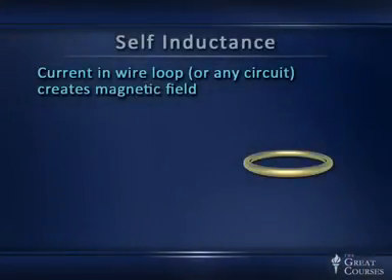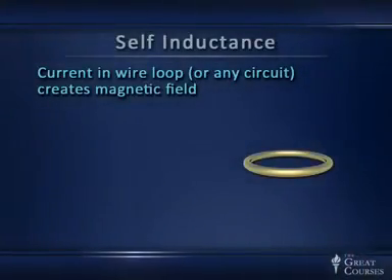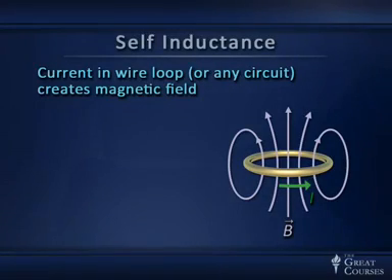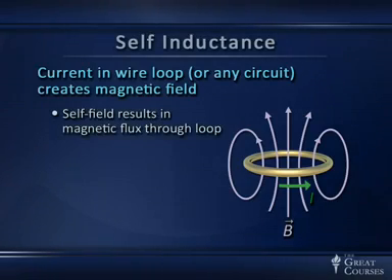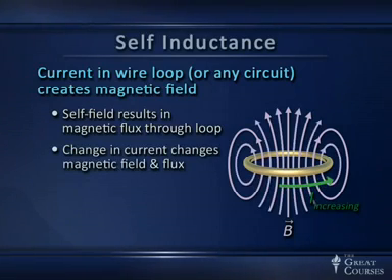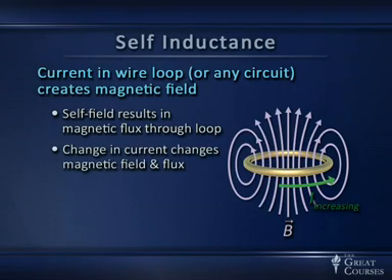So, again, a picture of a loop similar to the one I was just showing you, and we want to ask what happens as we try to build up current in that loop. The current creates a magnetic field in this wire loop, and it would do so in any circuit whatsoever. That self-field results in magnetic flux through the loop itself. The change in the current changes the magnetic field and changes the magnetic flux, so we have a changing magnetic flux.